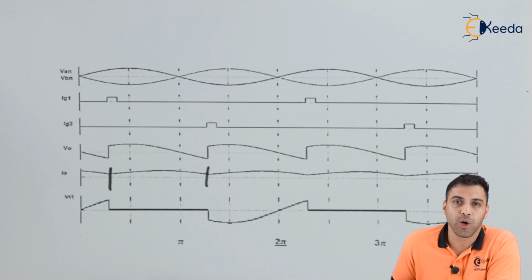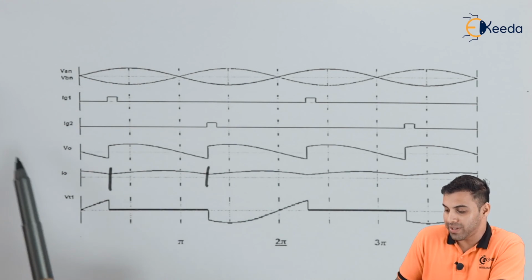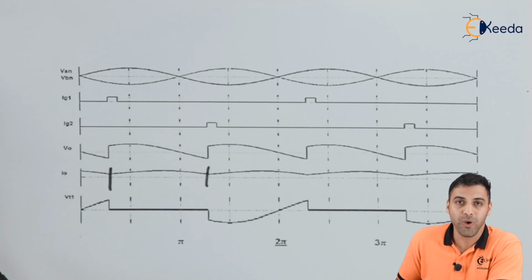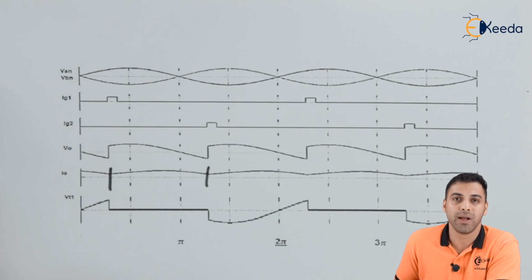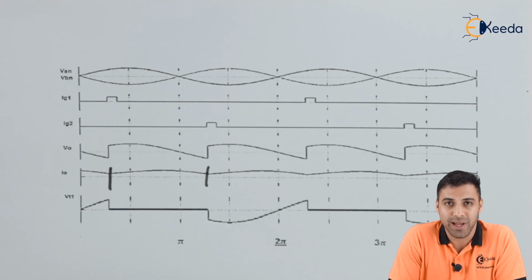So the current through the output never goes to zero in continuous conduction mode. So friends, this is all about the entire graph whenever the mode is continuous conduction mode.